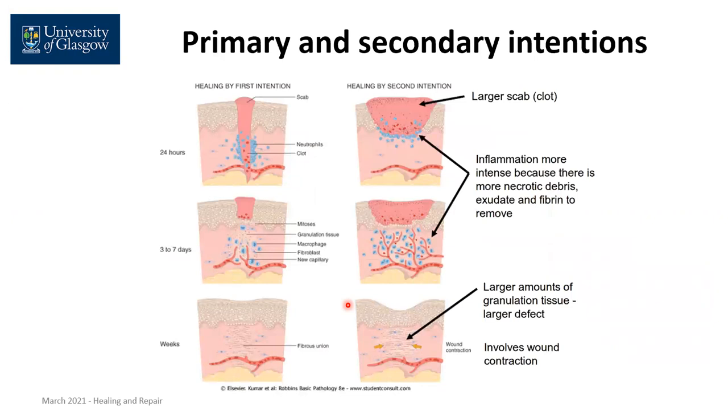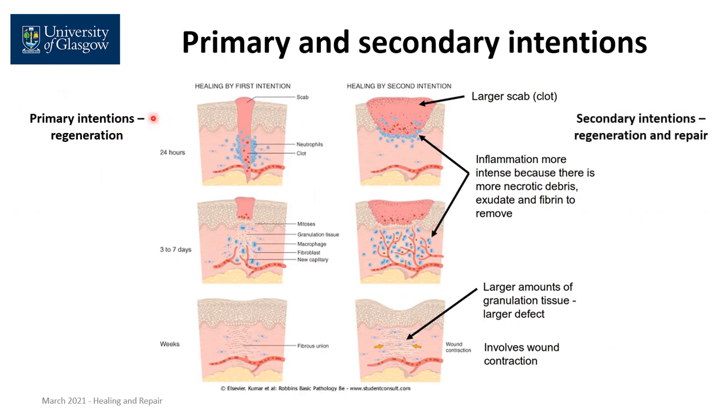I just want to introduce you to these terms of primary and secondary intention. This is basically just a fancy way of saying whether the tissue will undergo regeneration, or whether the tissue will have to undergo regeneration and then repair. And this is very much dependent on the extent of the damage.